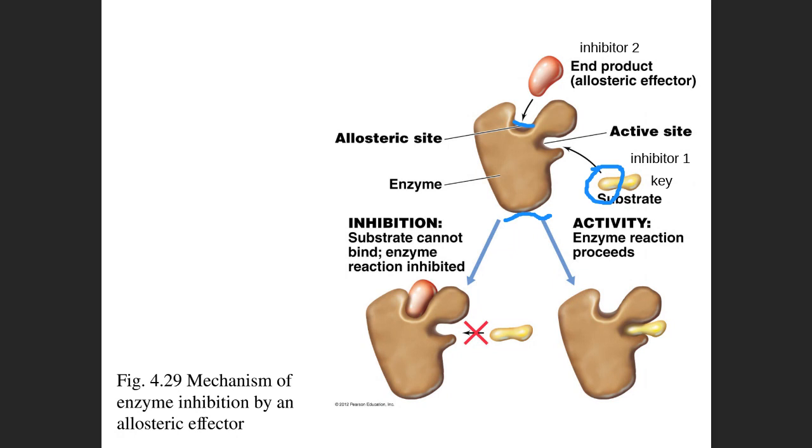This piece is supposed to go in here and fits in perfectly, right? But if you have a broken piece that goes in here first, now the second one will not get in. So that's one way of preventing this enzyme from acting on the substrate.